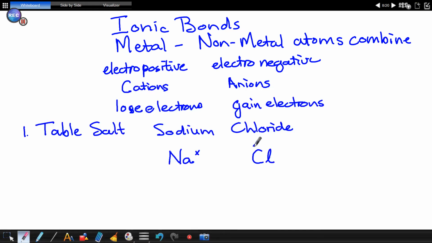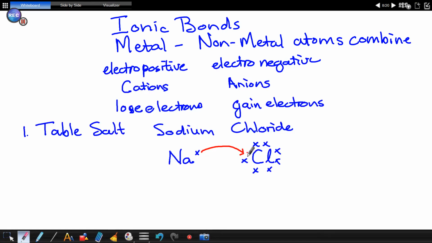So this is what the arrangement for chlorine is. Now these elements, they want to be stable. So what will happen? This sodium, with its one and only electron, will give it to the chlorine.